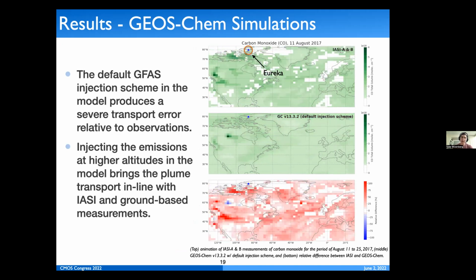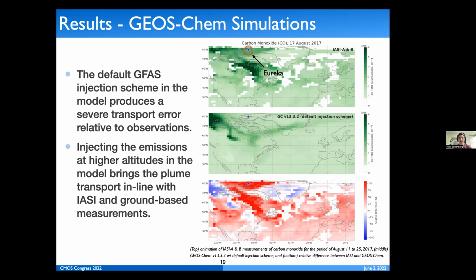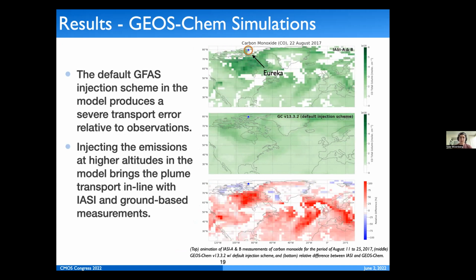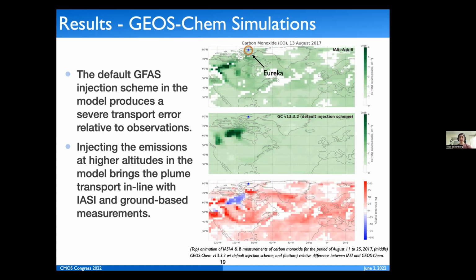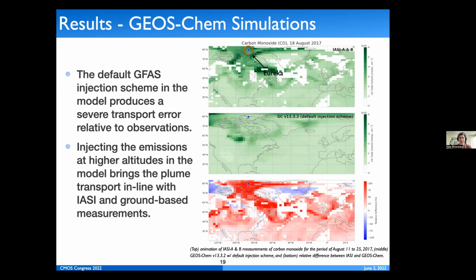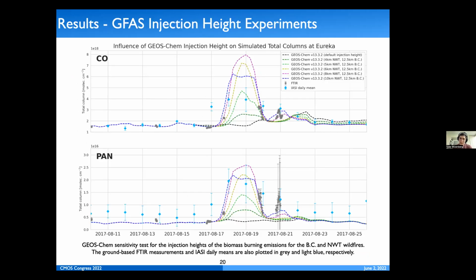One thing that we found is that injecting the emissions at higher altitudes in the model brings the plume transport much more in line with what we see in our observations from both space and from the ground. For these British Columbia fires, the height of the plume is quite well constrained, and it's been studied quite a bit in the past, in particular in a paper by Peterson et al. 2018.